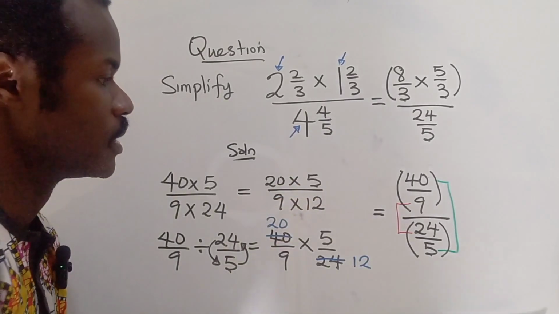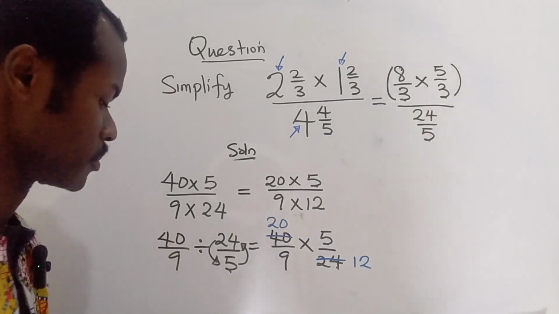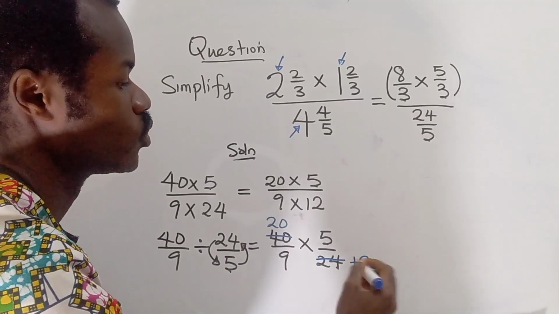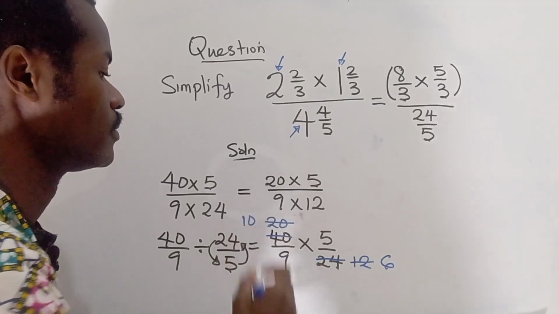Now, can we further reduce this? That's the question. Yes, I can still observe 2 can divide. So 2 into this is 6, and 2 into this is 10.